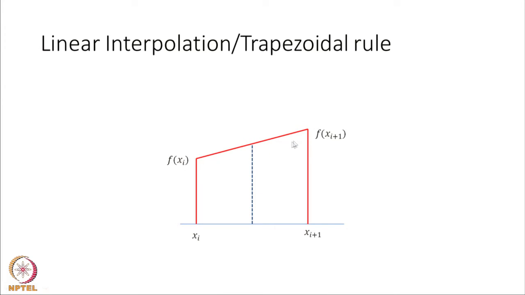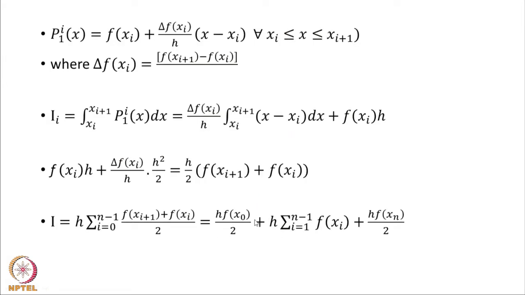Take f(xi plus 1) and f(xi), take the average value, and that average value you multiply by this interval, that interval I have called h. So, the area of the interval is half of the sum of the heights multiplied by the base width. Okay. So, that is my integral.